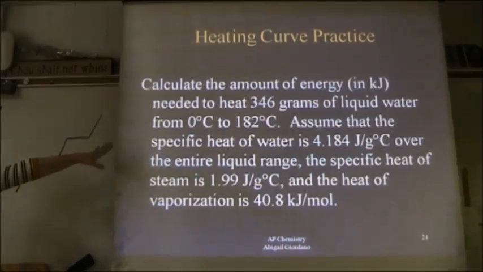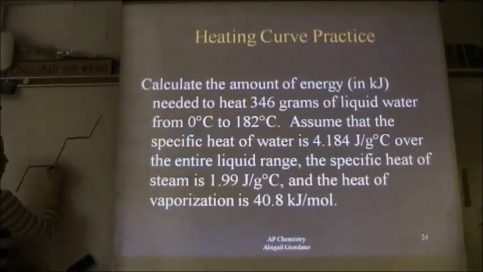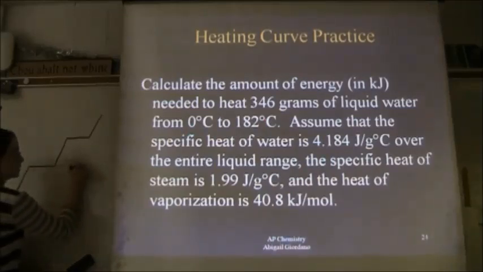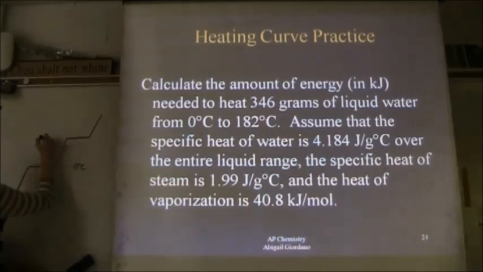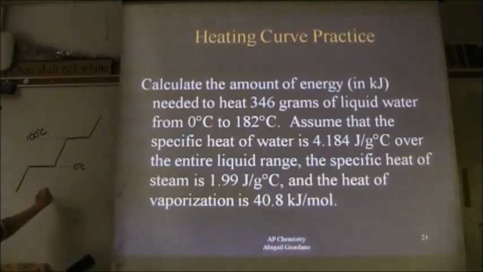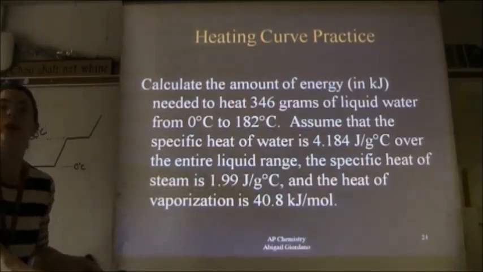Okay, now this is water we're talking about, so what's the temperature at that first line? 0, okay. And this one, 100. Okay. Let's figure out where we are starting and where we are ending.